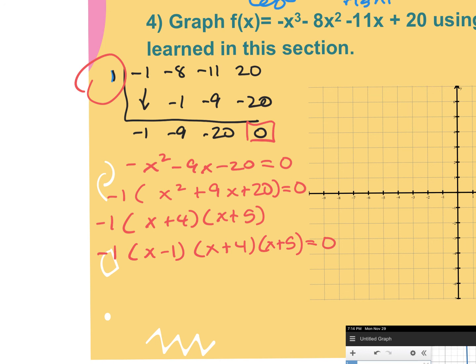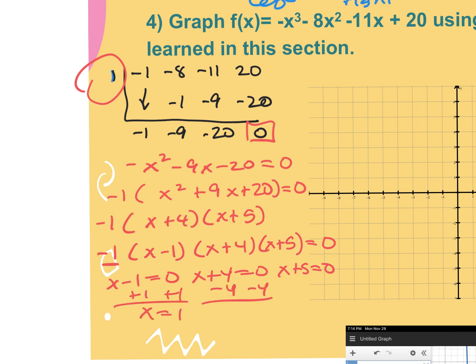However, the zeros are found by setting each of the factors equal to 0. I do not have to set a constant equal to 0 because that doesn't make sense. However, I will set x minus 1 equal to 0, x plus 4, and x plus 5. I'll add 1, x equals 1; subtract 4, x equals -4; subtract 5, x equals -5.